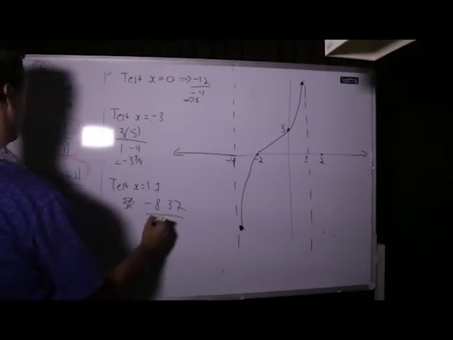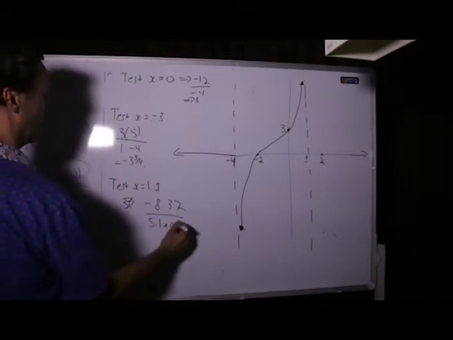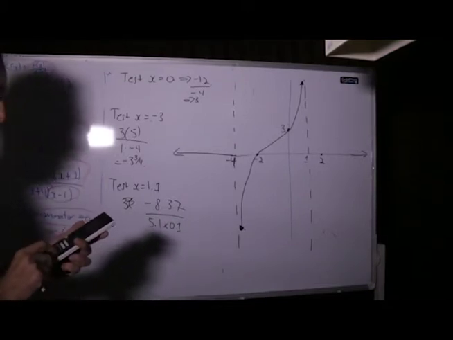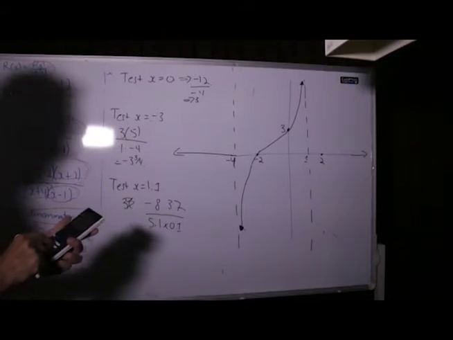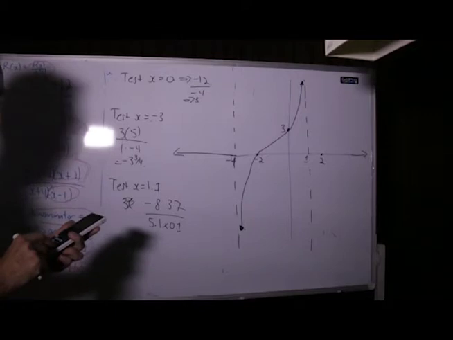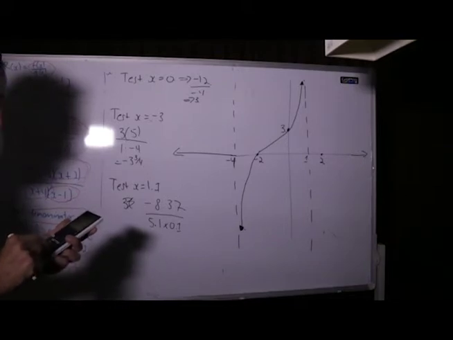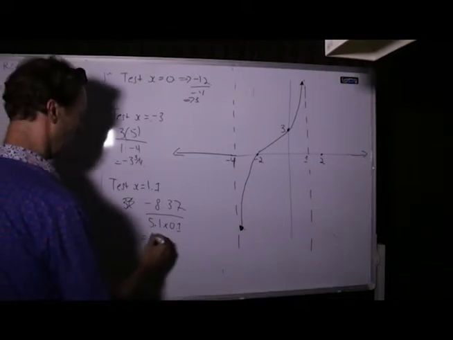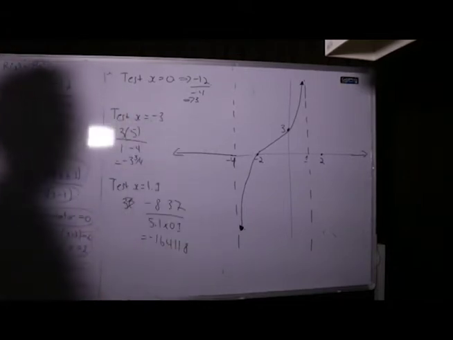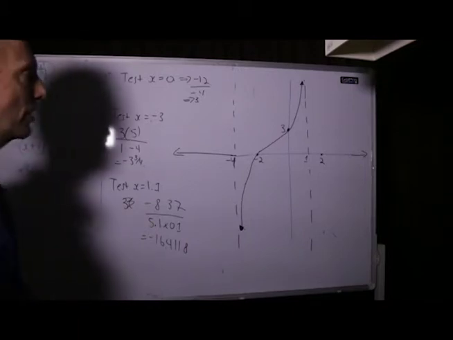And we'll get 1.1 plus 4, 5.1 times by 0.1, just to give us an idea very quickly. And we should get 5.1 times 0.1 equals 0.51. Negative 8.37 divided by 0.51 equals negative 16.4118, whatever. Okay, so basically we know that when we have 1.1, just past 1, we are going down here.